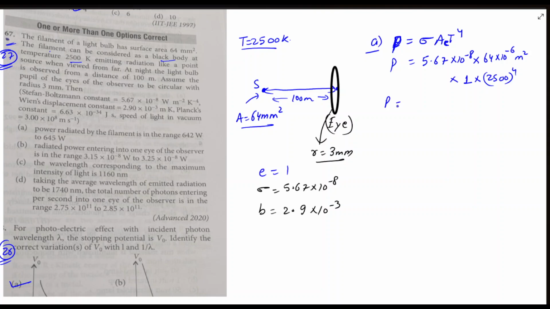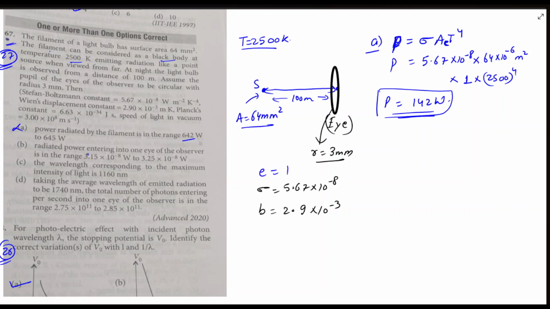If you calculate this, we will approximately get 142 watts, which is not correct. In this question, the power should be between 642 to 645, which is incorrect. So option A is incorrect.